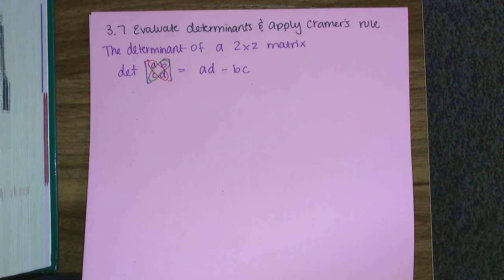Now, the determinant of a 3 by 3 matrix. Basically, it's the difference of the product of the pieces.